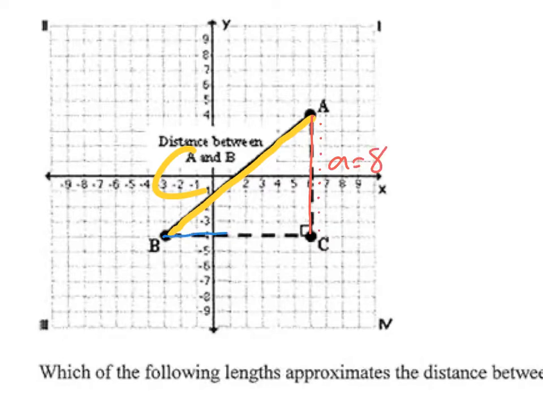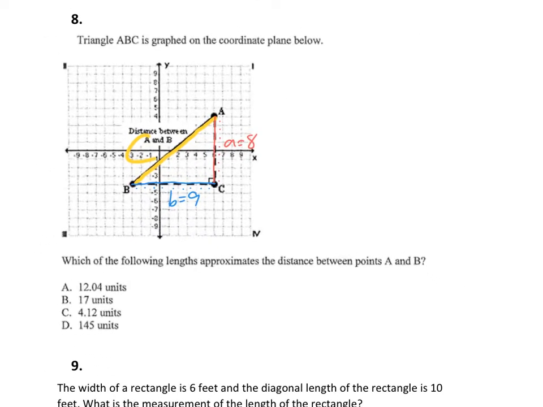And here's my side B, which is 1, 2, 3, 4, 5, 6, 7, 8, 9 in length. So B is 9. And just because I'm trying to find the lengths right there, I'm going to do the same thing as before. A squared plus B squared equals C squared.